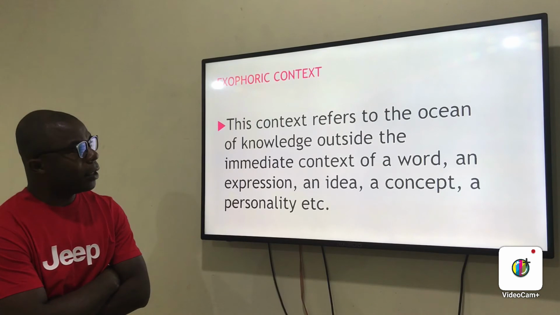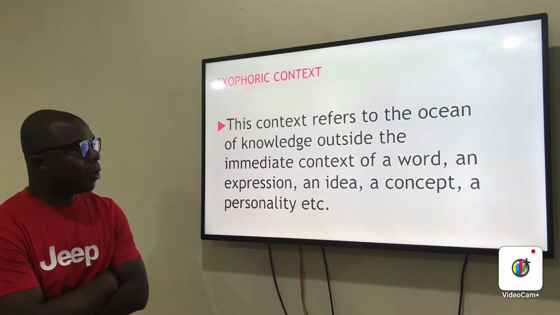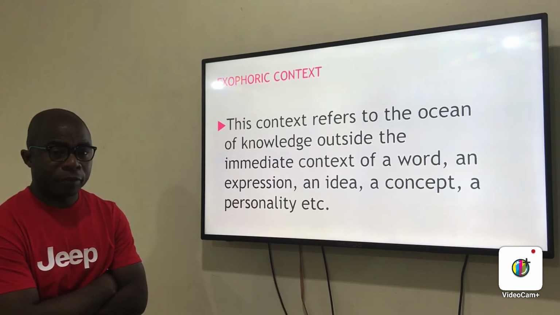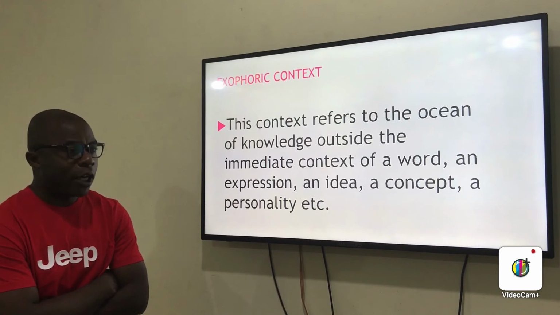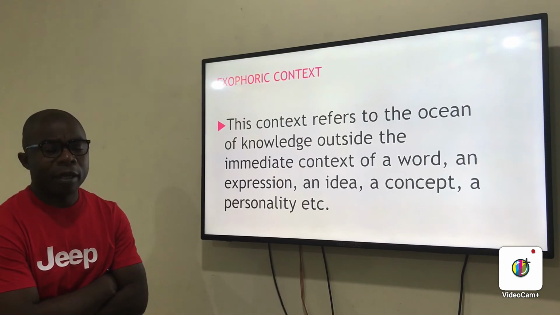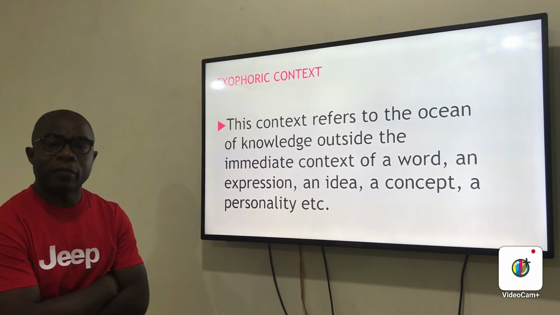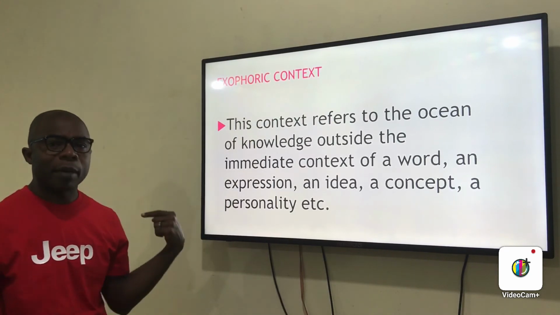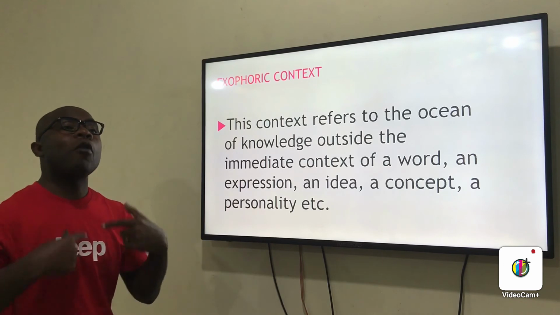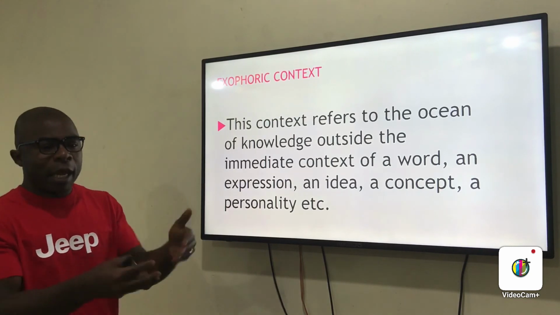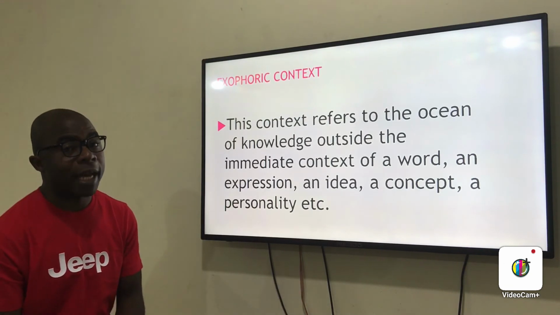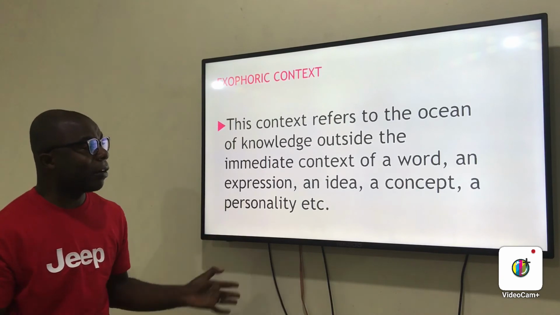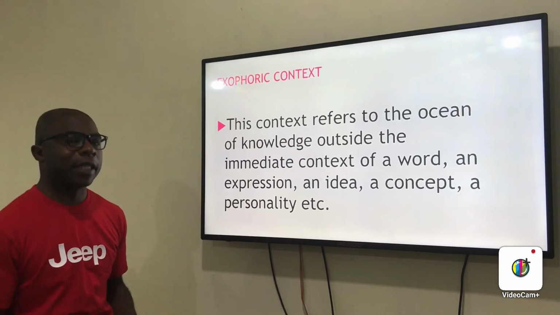I use the expression ocean of knowledge because it is very broad. You might have heard something for the first time, you might have read something for the first time, but you already have pre-existing knowledge somewhere that could inform you to know something you have come to meet for the first time. All these are referred to as exophoric context.